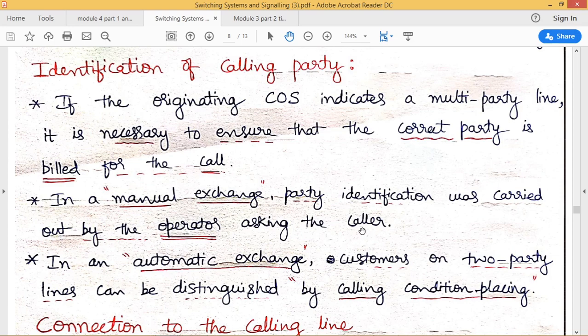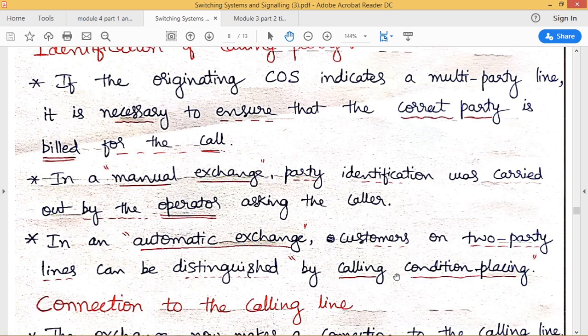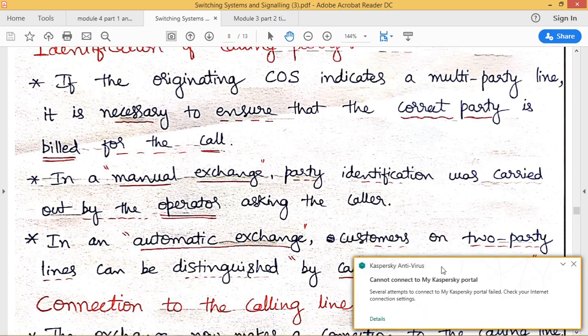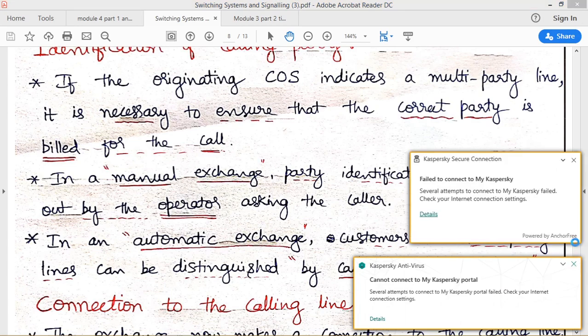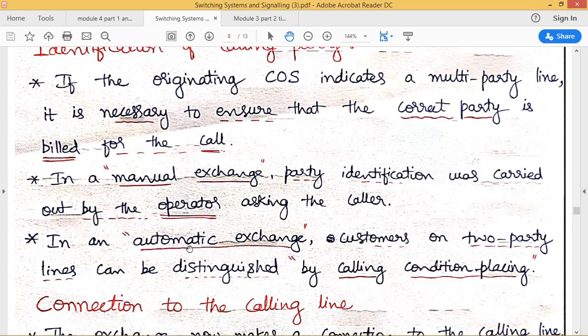But in an automatic exchange, customers on two-party lines can be distinguished by the calling condition placing. Of course, an automatic exchange should be able to decide who the calling party is, and that calling party should be billed.